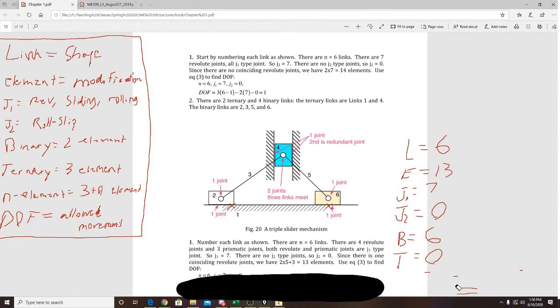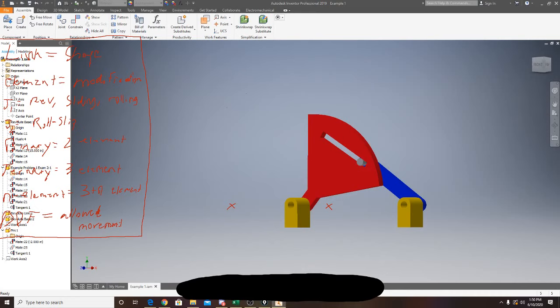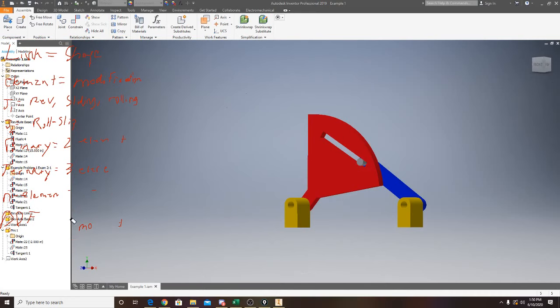Let me get rid of this. Maybe it will load. Hopefully it does, because I spent a lot of time on this. So this will be a problem that you will see probably later in the class. You definitely will see something like that later in the class.